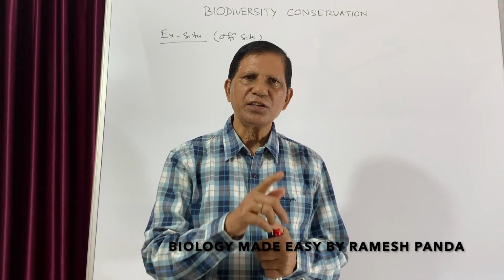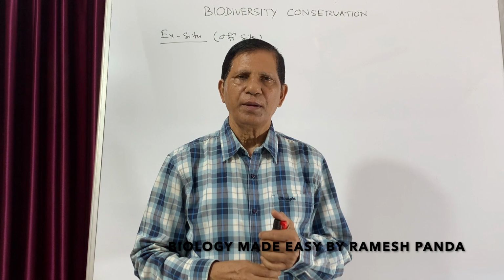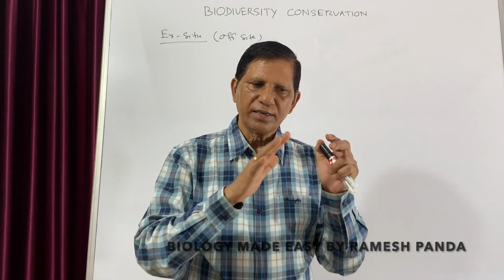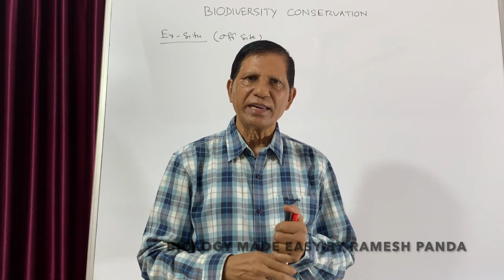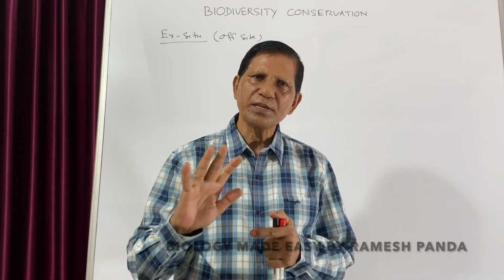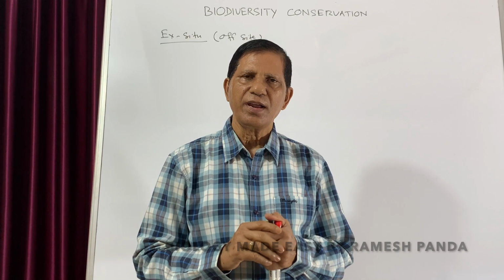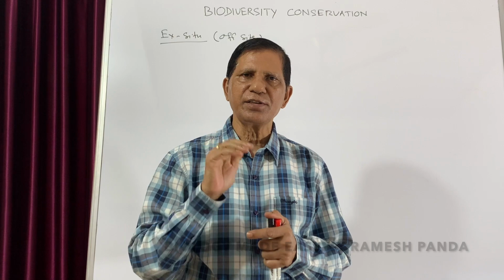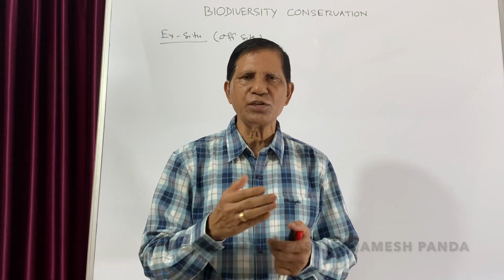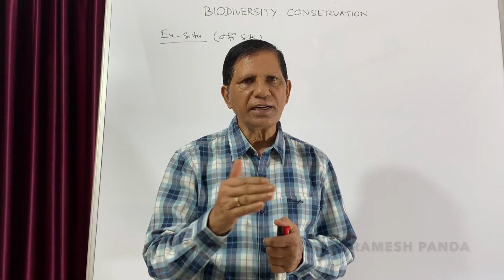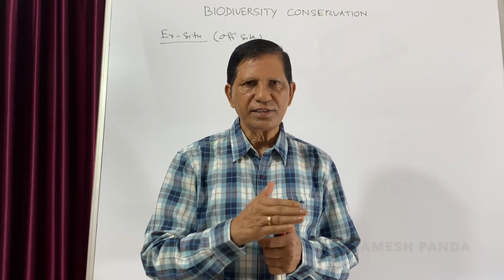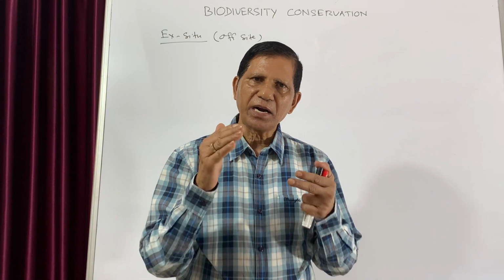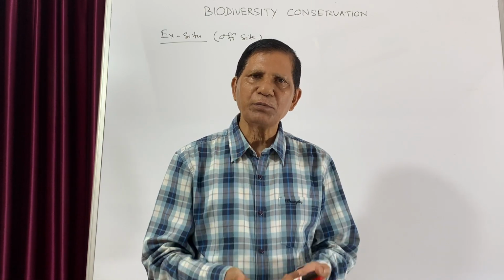But this is not always possible, because that natural biogeographical area cannot always be provided to all types of threatened species. And even in in situ conservation, whether it is a biosphere reserve, national park or sanctuary, there is always genetic drift, interbreeding, habitat loss, fragmentation, and overexploitation.